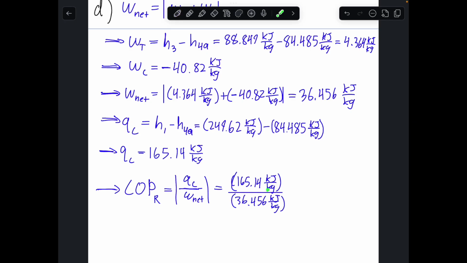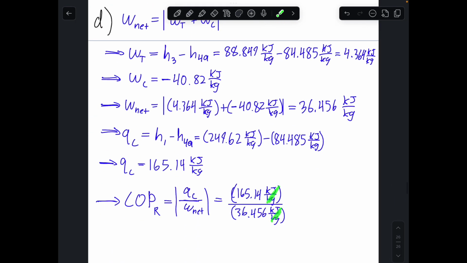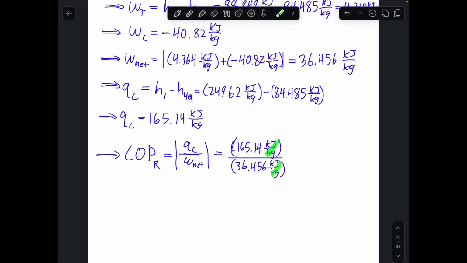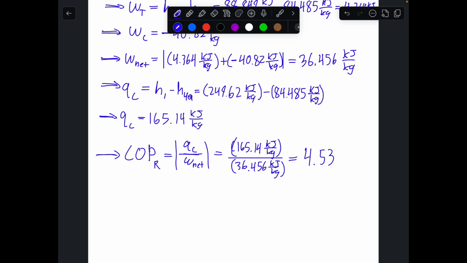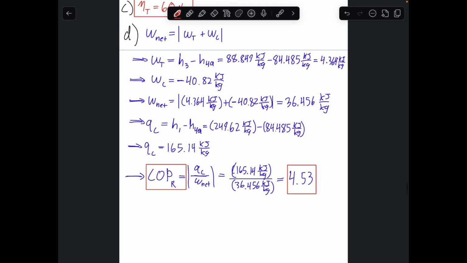Again, the units are going to cancel here, but even if you did it in terms of power and you did it in terms of kilowatts, the units would still cancel out here. And so we'll get our final answer. COP for the refrigeration cycle is equal to 4.53. So this should be our final answer for part D.